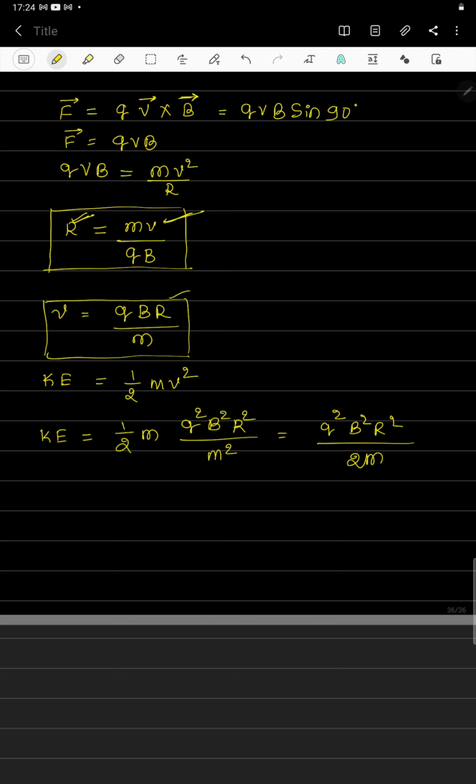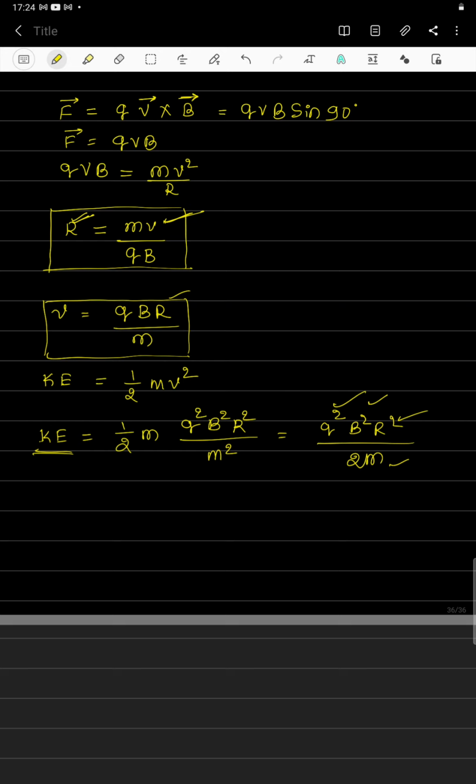So this is the expression for the kinetic energy associated with the charged particle inside the D. Again, if R is more, then the kinetic energy the particle has will be more, and it depends on the strength of the magnetic field, the charge, and the mass of the particle.